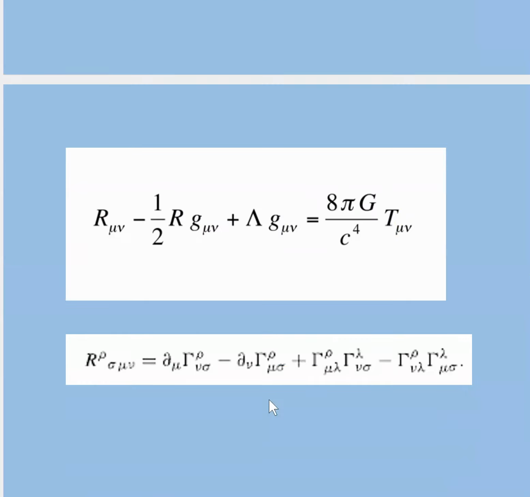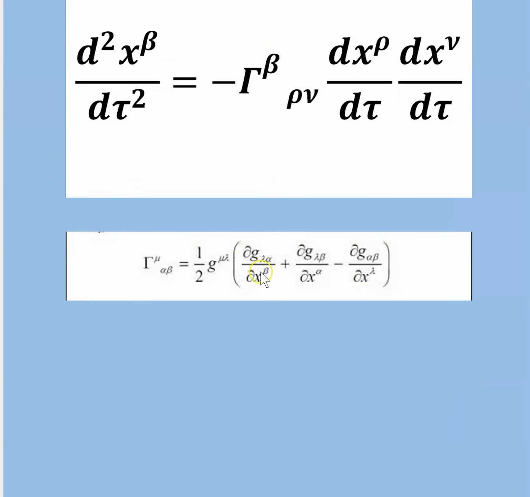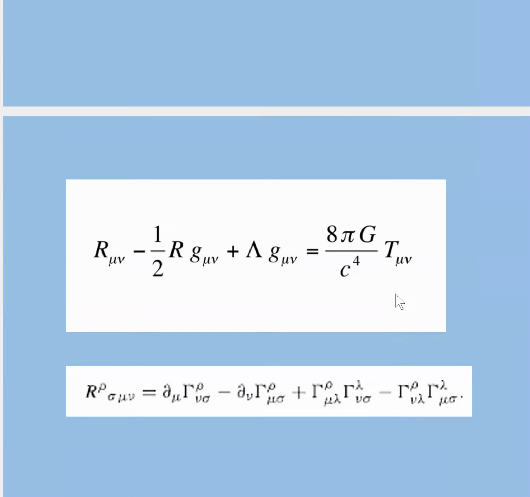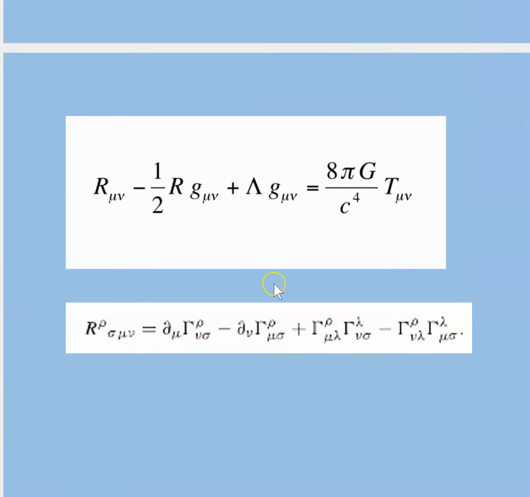How to find that? So we have the Ricci tensor in terms of the Christoffel symbol again, and we know the Christoffel symbol in terms of the metric tensor. So we put that in here. So we know the Ricci tensor in terms of the metric tensor.